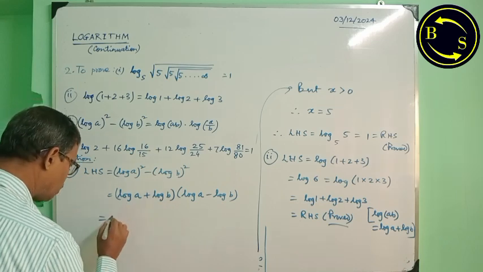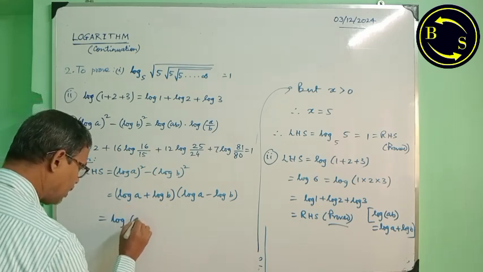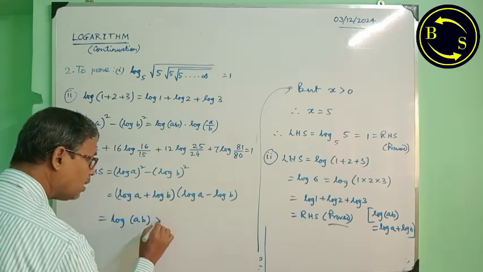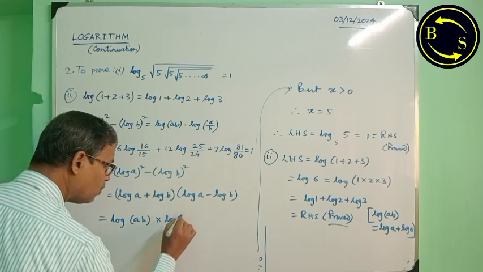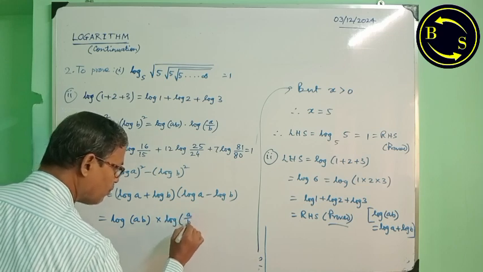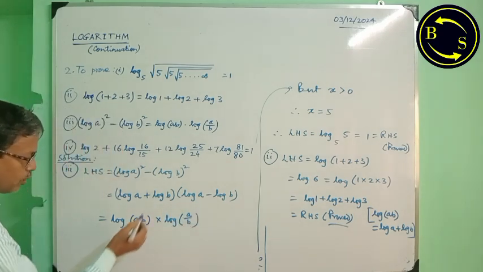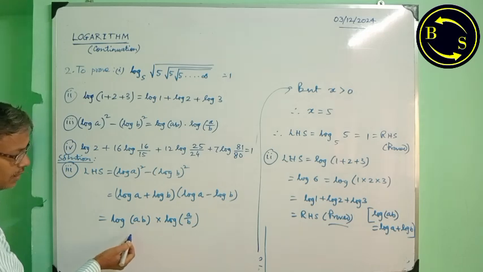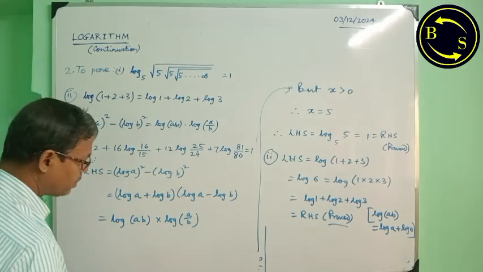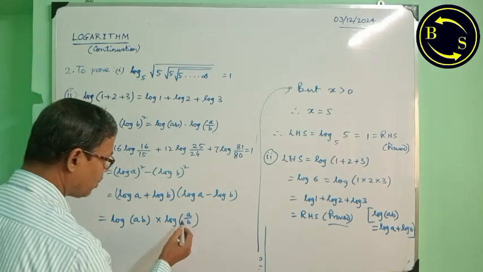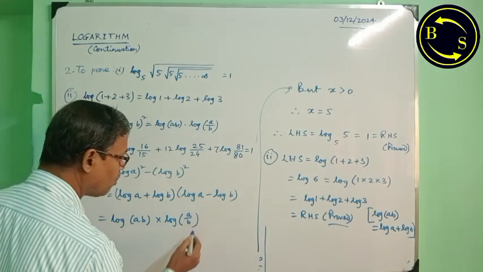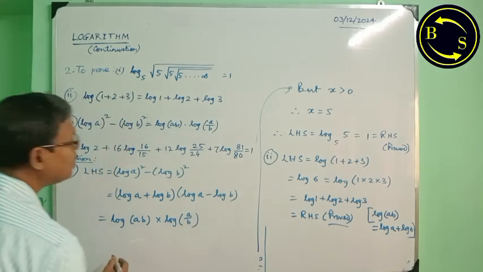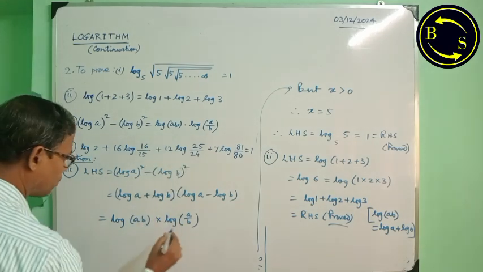Now as per formula this will be log of AB into log of A by B. This is the product formula. Also we can call it the sum formula, conversion. Then log of AB into log of A by B. Now this is the RHS part.